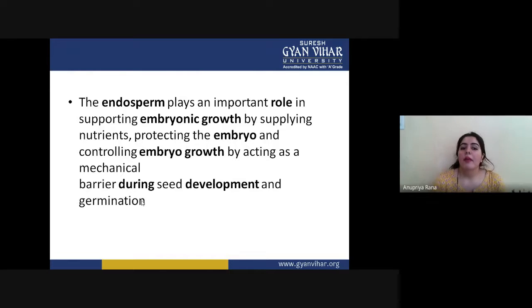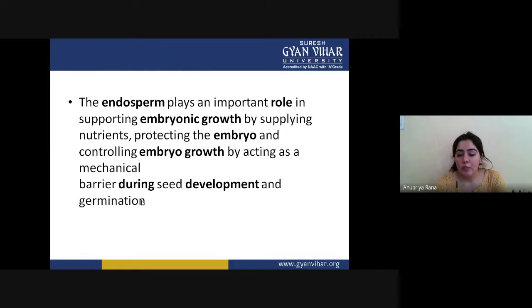But still, the endosperm plays an important role in supporting embryonic growth by supplying nutrients. The very first important work of the endosperm towards the embryo is supplying the major amount of nutrition. It also protects the embryo by preparing a covering around it.